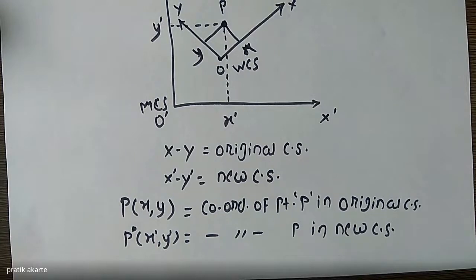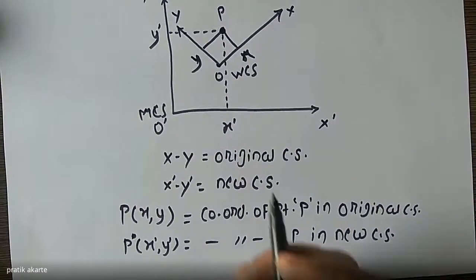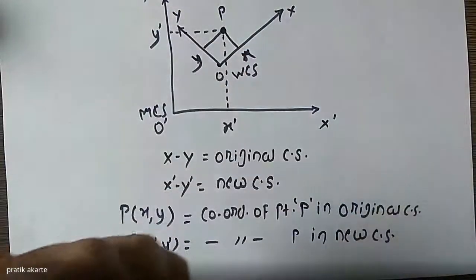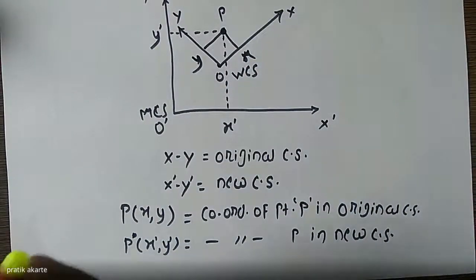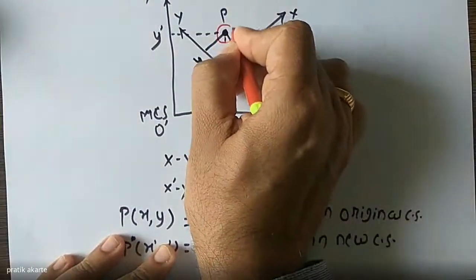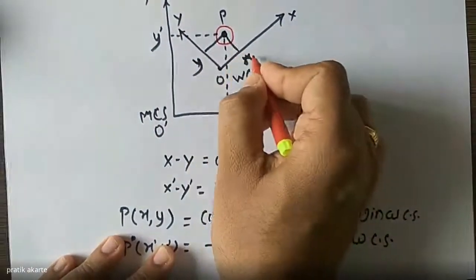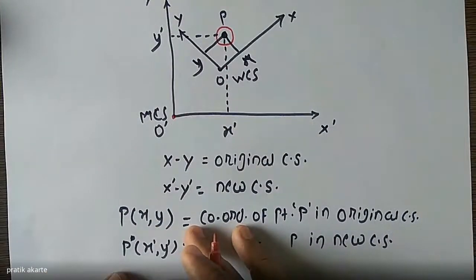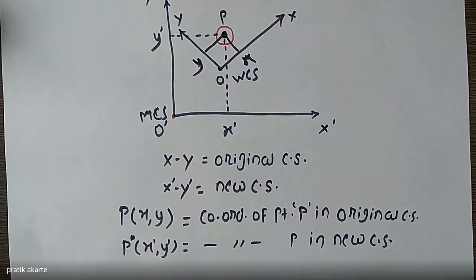Okay. So why am I telling all these things? Because you must understand what you are supposed to do. You are changing the coordinate description of this point P, which is now X and Y, to this model coordinate system. Okay, so that is what we are trying to do, and this is what we call two-dimensional geometric mapping.